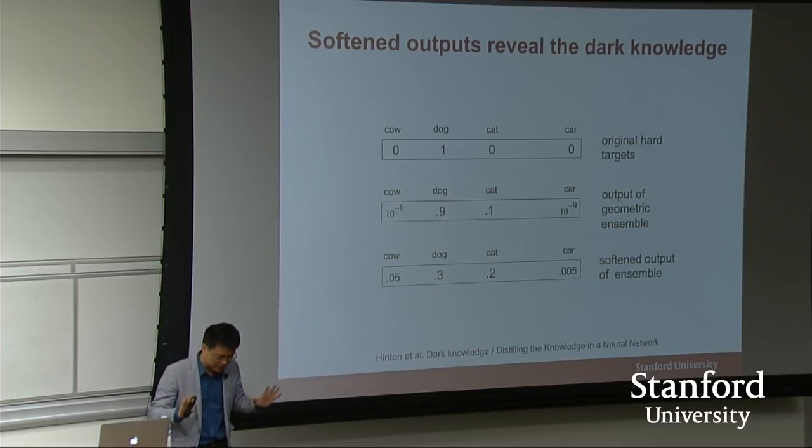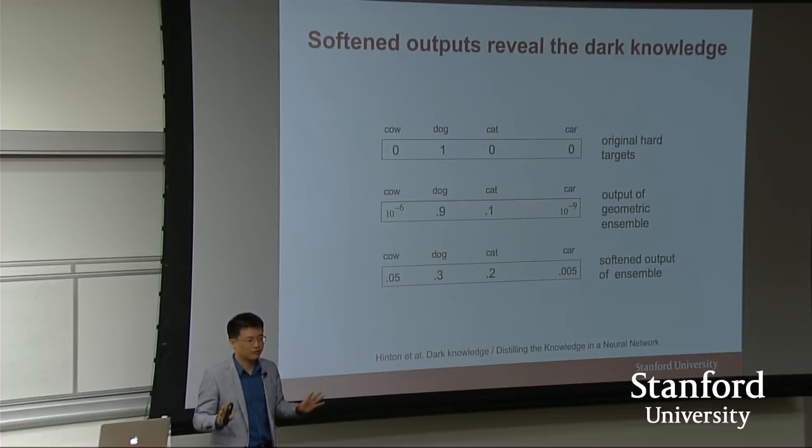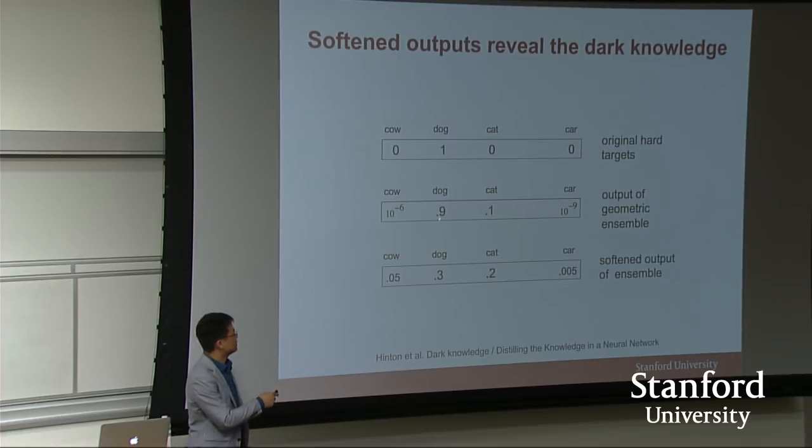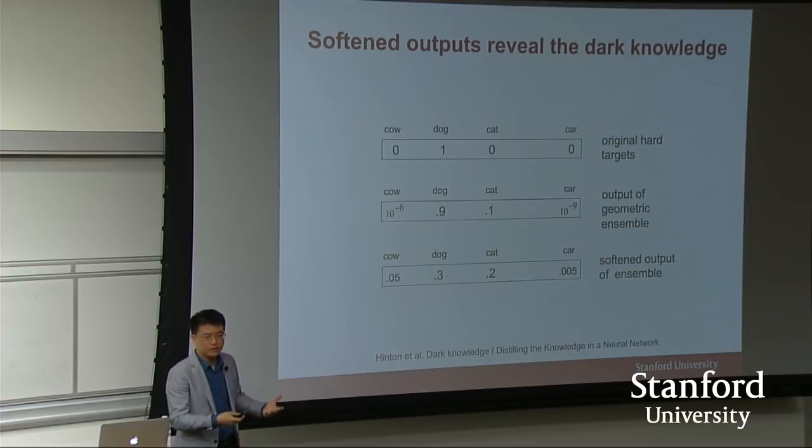And the magic happens here. You want a softened result label. For example, the dog is 30%, the cat is 20%. Still, the dog is higher than the cat, so the prediction is still correct.